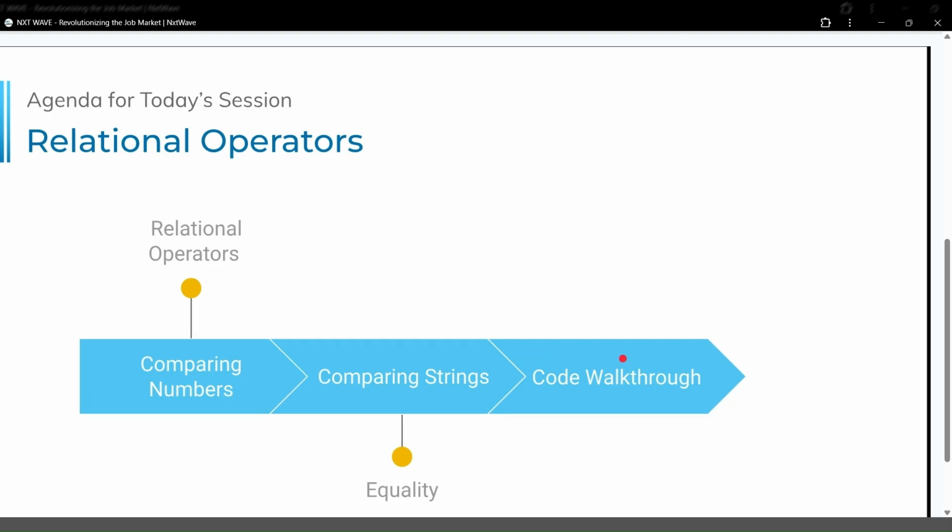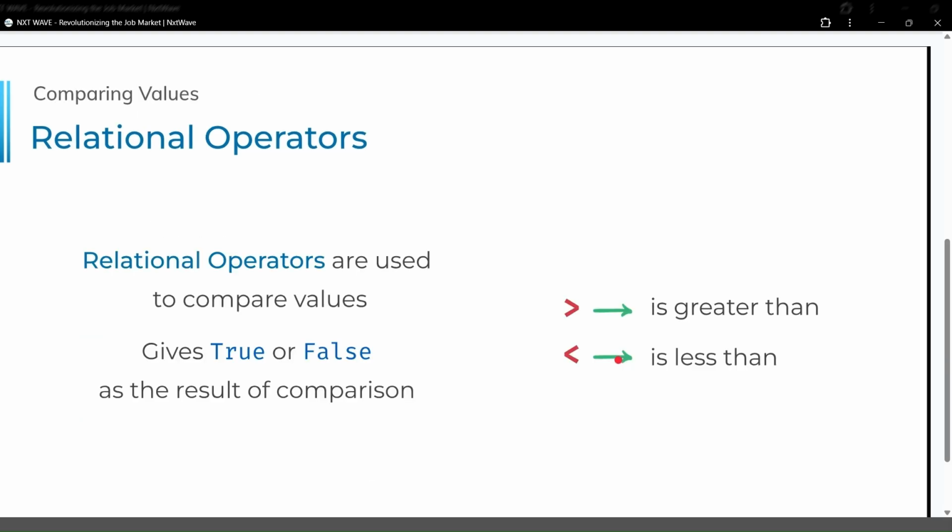Relational operators are used for comparing values. The open mouth side is the greater than symbol, and the closed mouth side is the less than symbol. Relational operators compare values and the output is given as true or false as the result of the comparison.